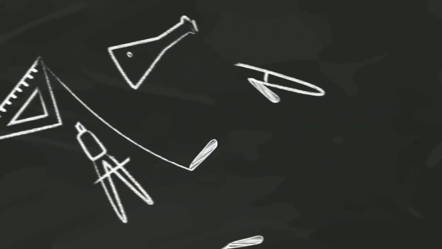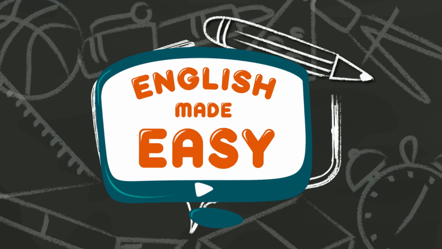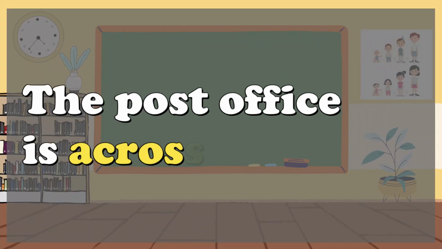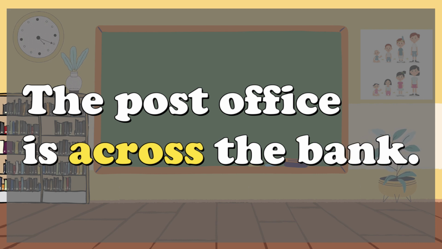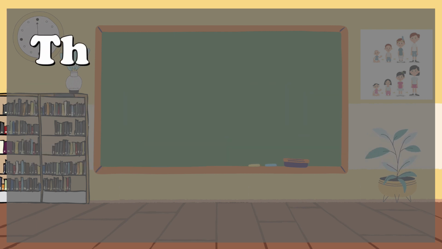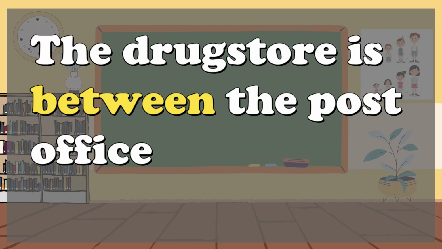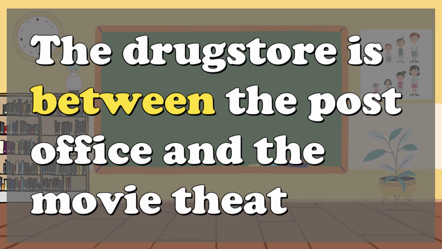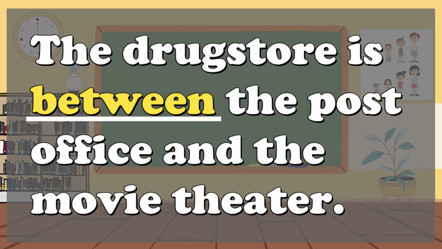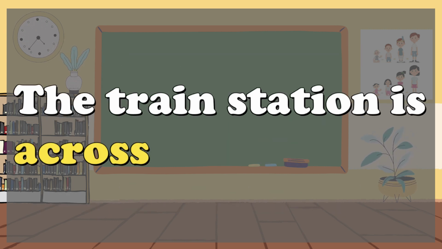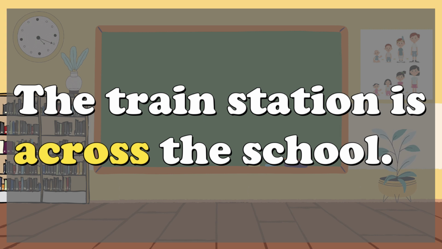Now, are you ready to know your scores? Let's check. The post office is across the bank. The drugstore is between the post office and the movie theater. The train station is across the school.